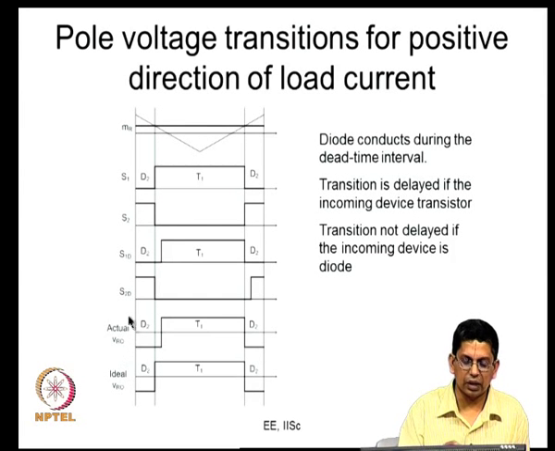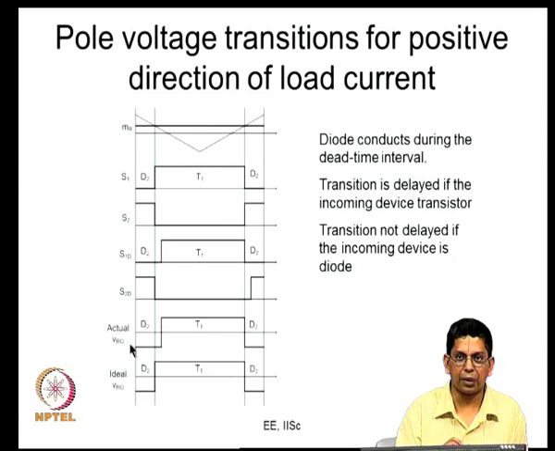Although this is an actual thing, I mean we are actually considering a practical device, the voltage rise time of the device is much smaller than the dead time, and therefore, we are still representing the actual pole voltage transitions also as vertical lines, you get that. So, this is a vertical line. The only question was whether the vertical line would go up here or would go up here, and now we have decided that it is going up here. So, whenever the transistor is an incoming device, the actual pole voltage gets delayed.